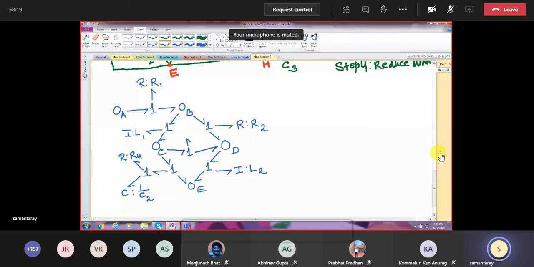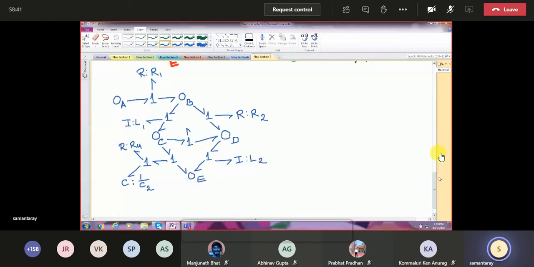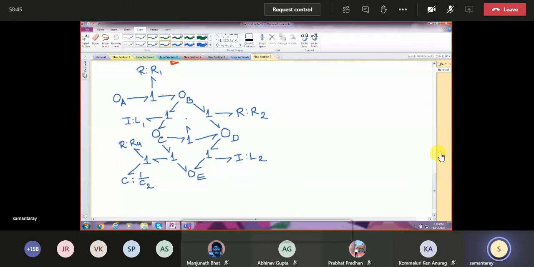We have R3 and C1 between the potential difference C and D, and the potential difference across R3 is the same as the potential difference across C1. That means R3 and C1 have a common effort, so they must appear at a zero junction. So we put a zero junction with R3 and C1.